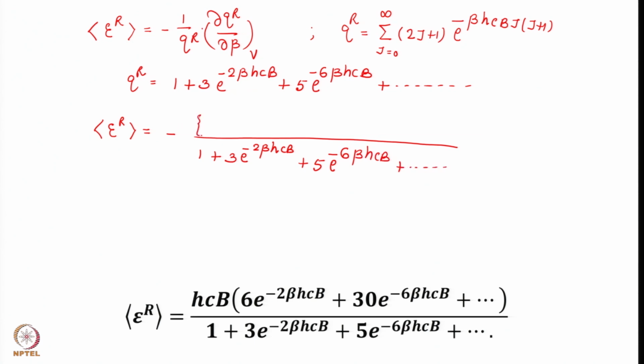So, what is it going to be? First is 0, then 3 exponential minus 2 beta hcB into what I am going to get, minus 2 hcB, plus 5 into exponential minus 6 beta hcB into minus 6 hcB, plus so on.